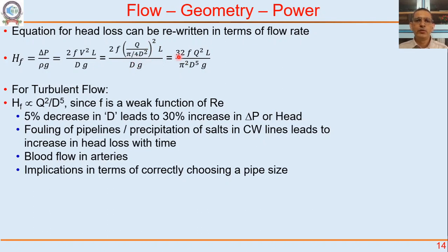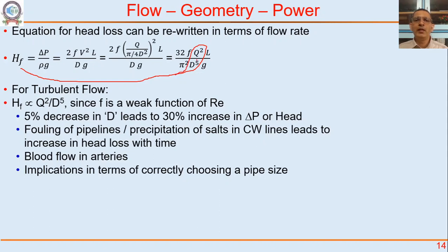I will get 32 f Q squared L by pi squared d raised to 5 g. This equation tells us how the head loss due to friction is dependent on the diameter of the pipe and flow rate.